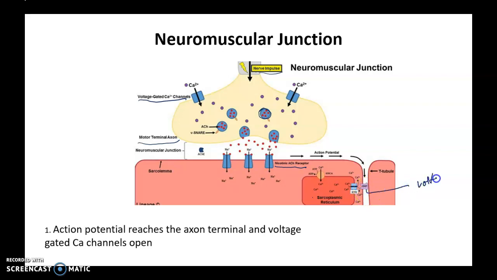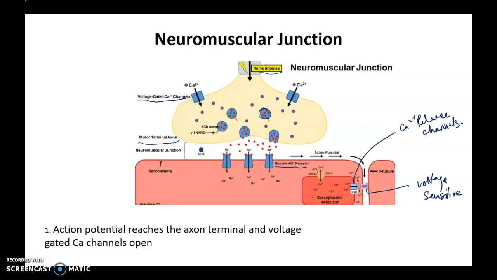These are actually the voltage sensitive channels. And then the ryanodine, the RYR receptors. These are the calcium release channels. They are popularly known as RYR channels or ryanodine receptors or ryanodine channels.